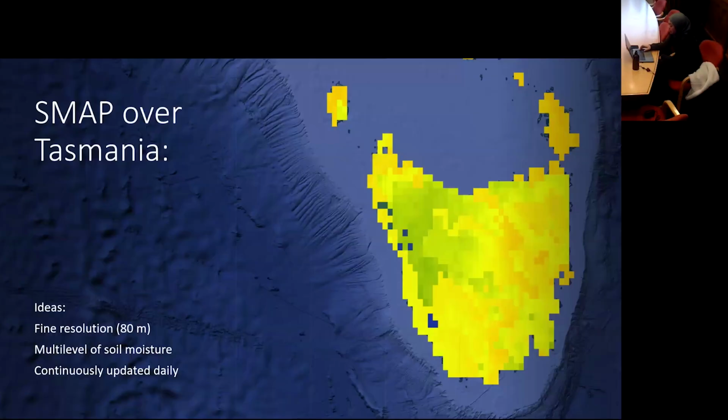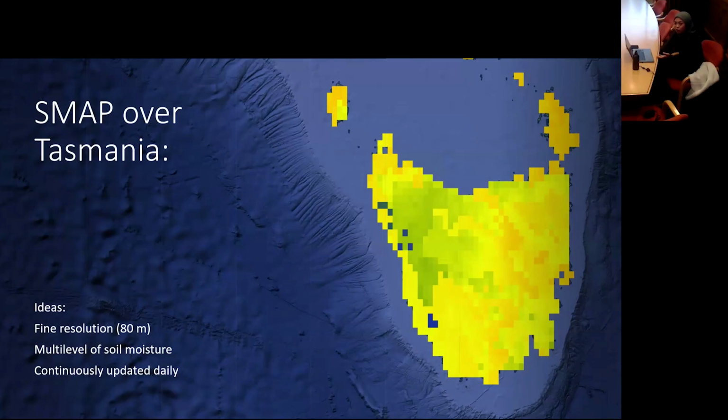So, using the idea that we already have the SMAP global dataset, if we try to use SMAP to monitor soil moisture over Tasmania, we can have a look at the resolution of SMAP itself.